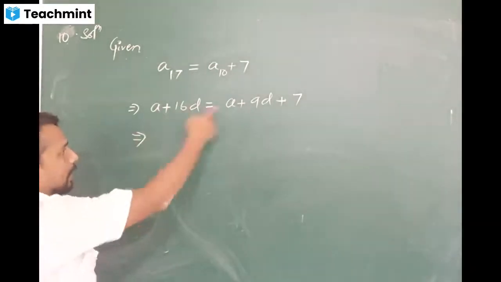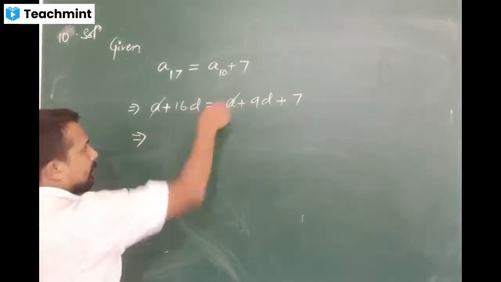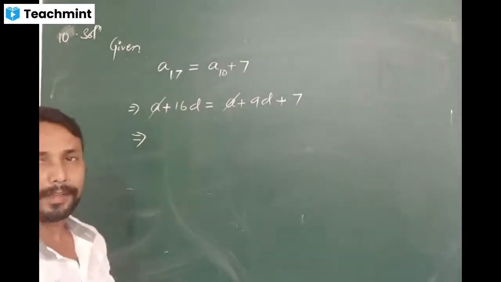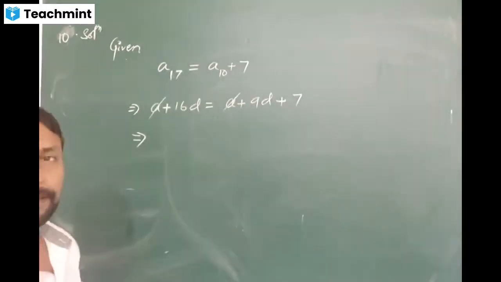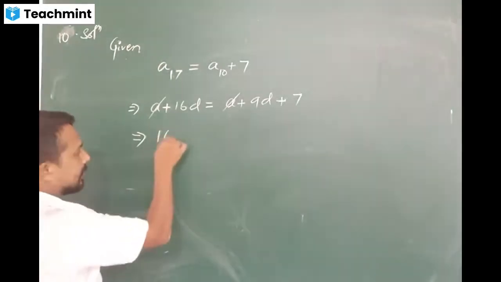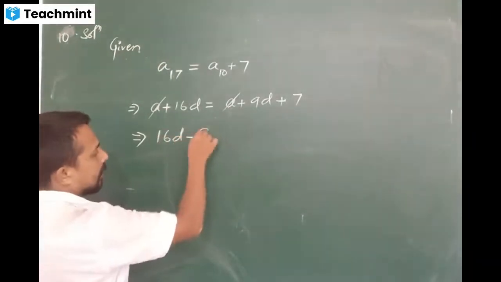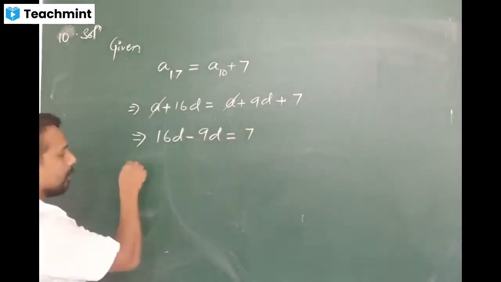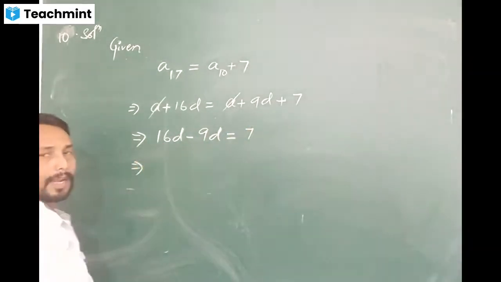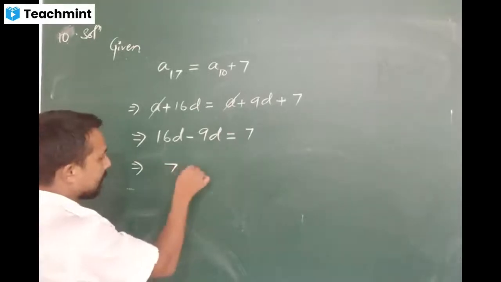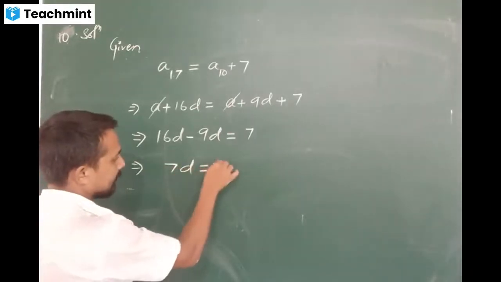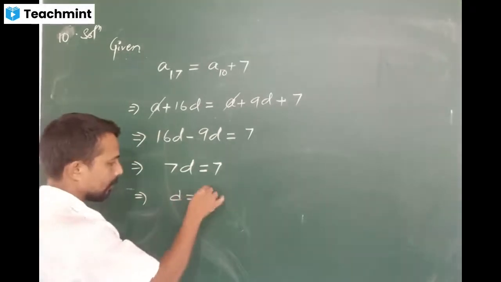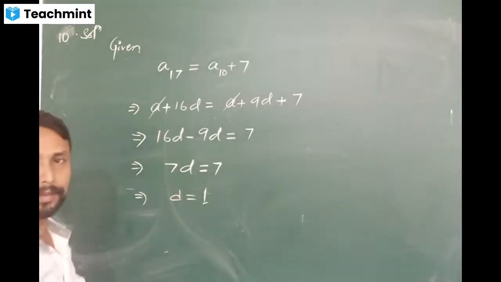Now, both sides we have the A, we can cancel it. Since if you bring it to the other side, it becomes minus A. So plus and minus A cancel. Now 16D minus 9D is equal to 7, or 16 minus 9, that is 7D. 7D is equal to 7, or D equals 1.